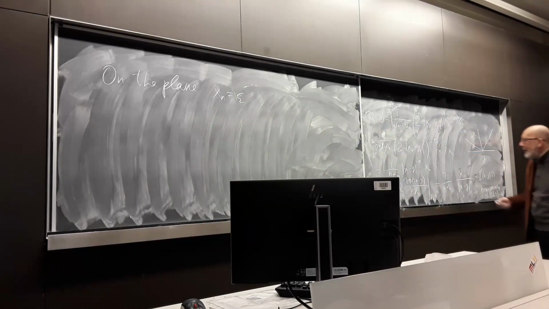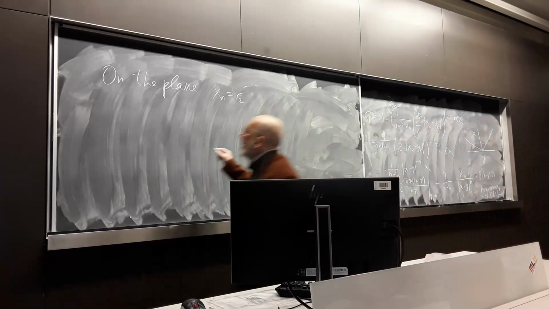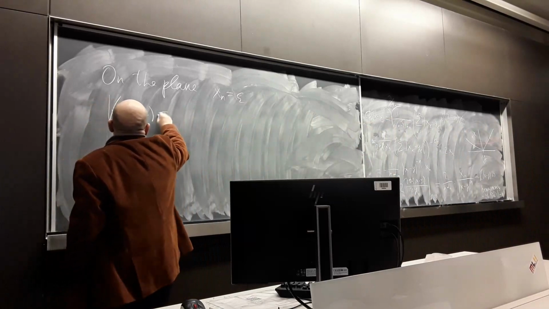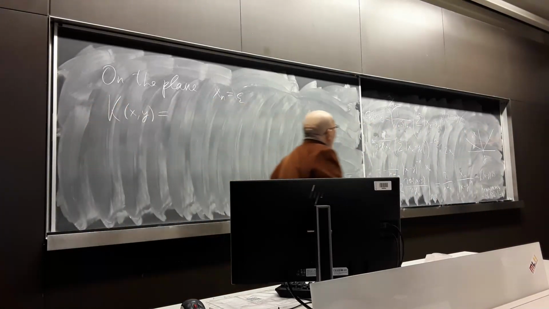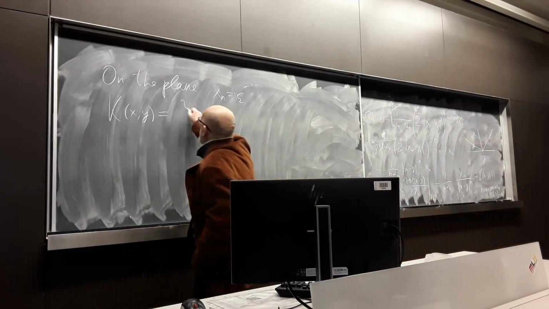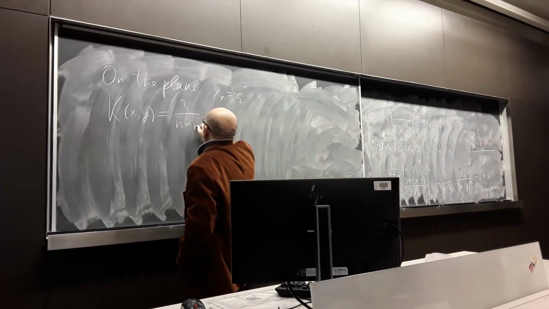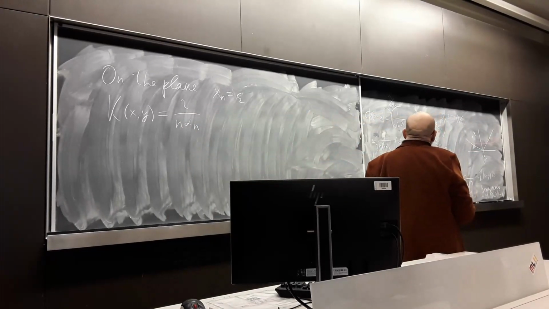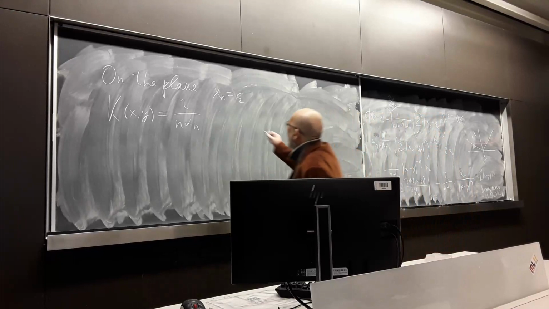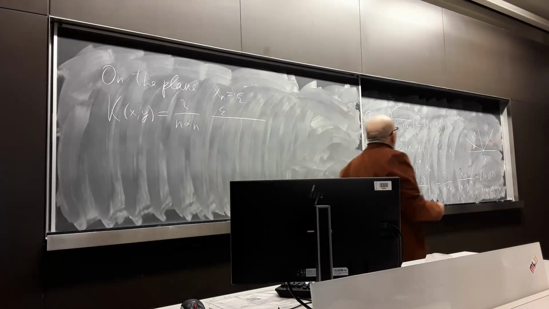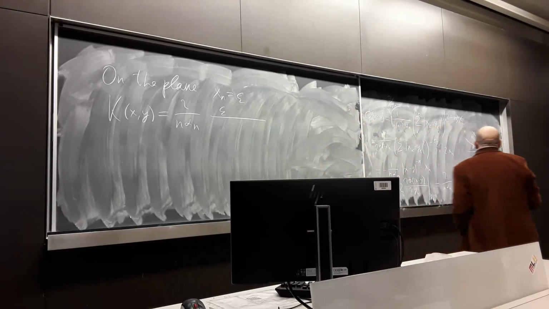We have K(x,y) equals 2 over n alpha n, and here you have epsilon divided by (|x' minus y'| squared plus epsilon squared) to the power n over 2.